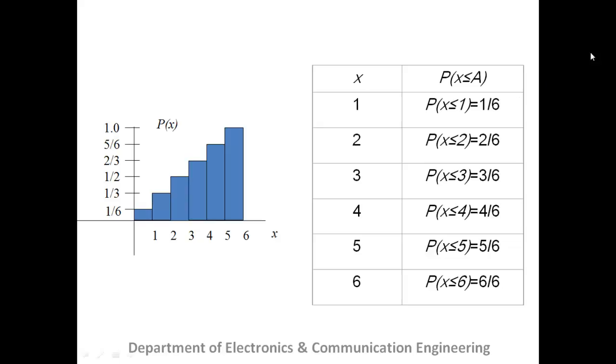Then the probability of x less than or equal to 3 will be calculated as 1 by 6 plus 1 by 6 plus 1 by 6, and so on, such that in the end, for the probability of x less than or equal to 6, it will sum up all the probabilities, because 1, 2, 3, 4 and 5 are naturally less than 6. So it will give the value equal to 1 at the end.